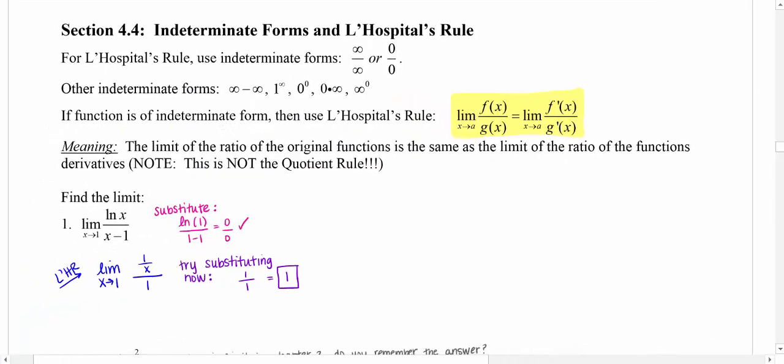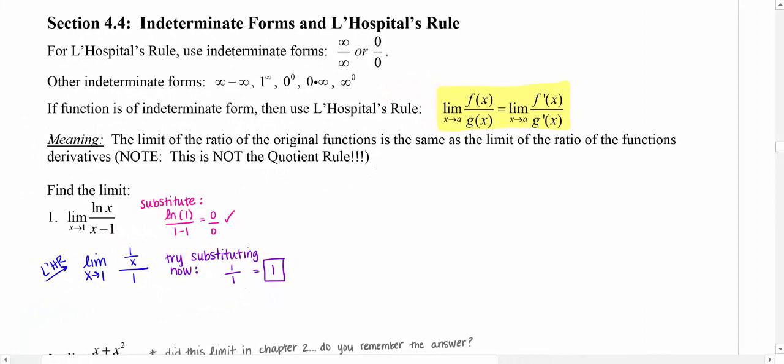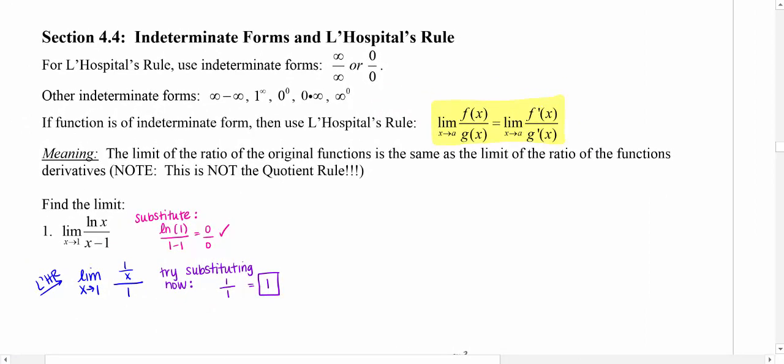Okay, so there are actually a bunch of indeterminate forms, but for L'Hopital's rule, there's only 2 that are going to be used. So we're going to talk about infinity over infinity because that is not 1. Infinity is just an idea, so it's not 1. They're not necessarily the exact same size.